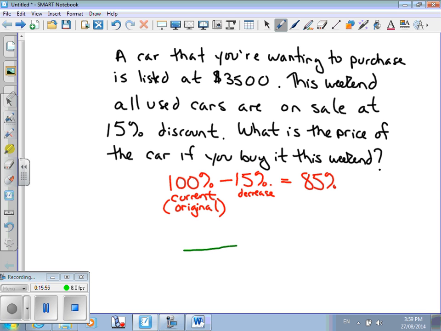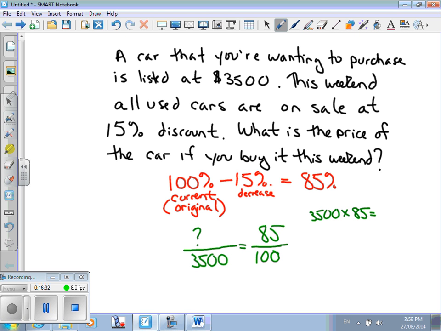Setting up our question, the original amount is $3,500. I want to know how much that will be on the weekend when I only have to pay 85% of the price. 85 over 100. 3,500 times 85.